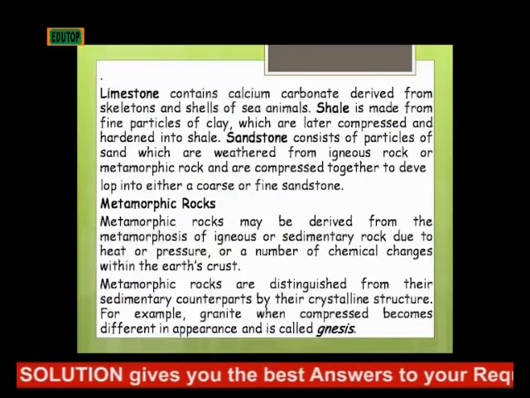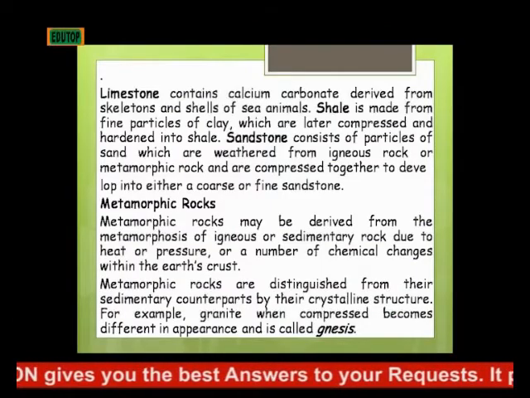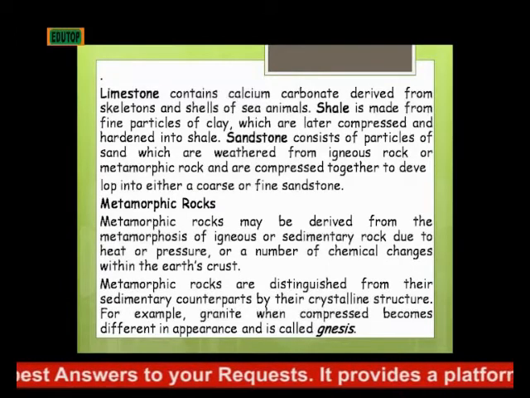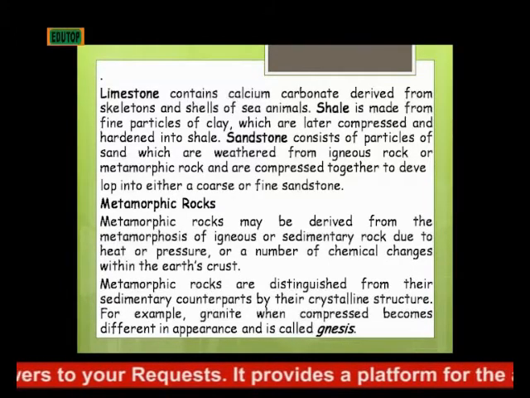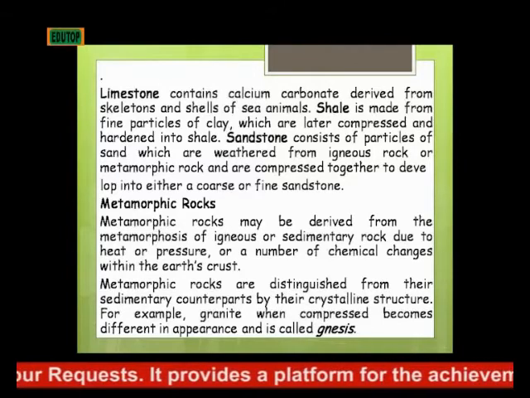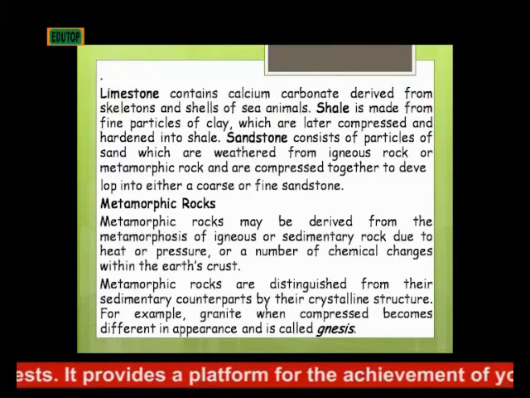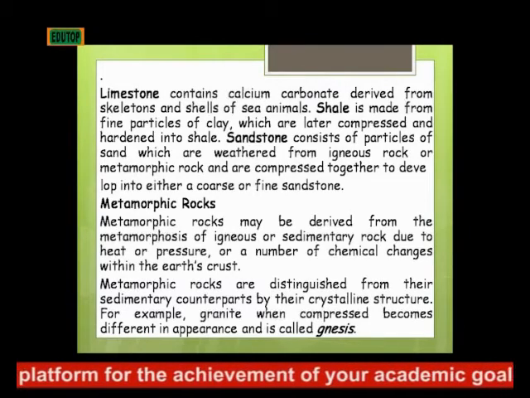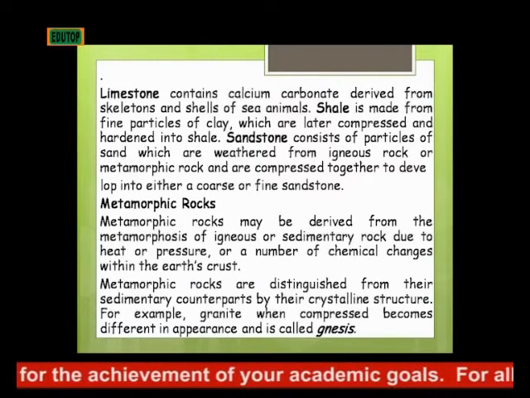Now we'll be looking at the third one, which is the metamorphic rocks. Metamorphic rocks may be derived from the metamorphosis of igneous or sedimentary rock due to heat or pressure or a number of chemical changes within the earth crust, which also makes metamorphic rock a secondary rock, like the sedimentary rock.